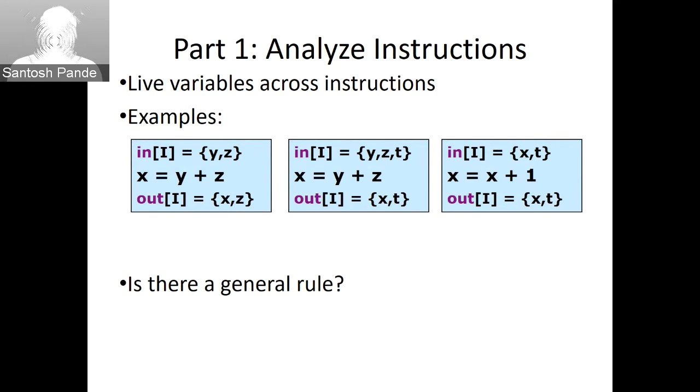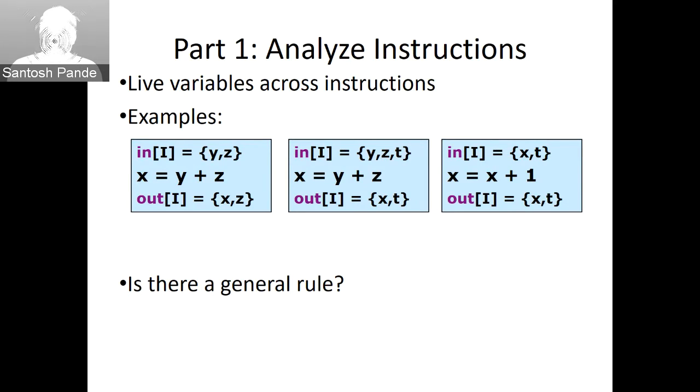Because z was being used downhill from the out point, and z was also used in the instruction here, although that is not really necessary. When you look at the usage of z downhill from the in point, in of I, the answer will be yes, z is going to be used somewhere downhill before it gets overwritten, before a definition occurs. So if the answer is yes at out of I, it will remain yes at in of I, and z will remain live.